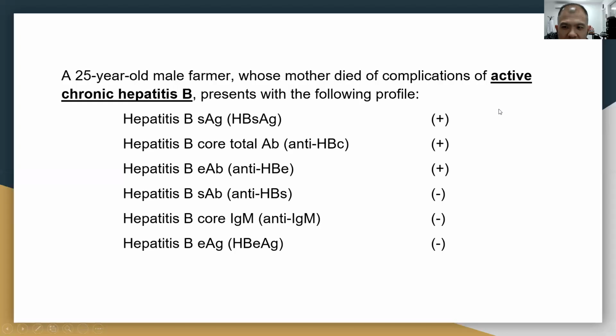It's chronic hepatitis, but what are the possible scenarios? Either immune... it's chronic, since the IgM is negative and the total is positive. So this is a chronic case, either immune tolerance or immune clearance.